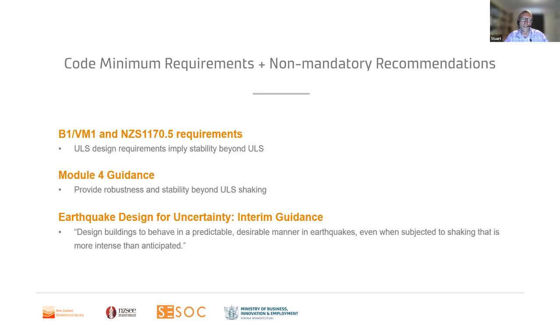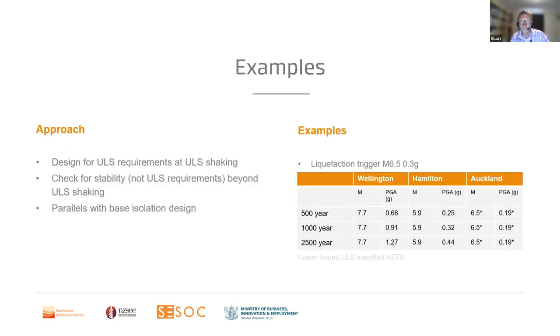And then as we go through the guidance documents, module 4, as well as this guidance which is about to be published, there's certainly strong recommendations of considering beyond ULS. So probably the answer is that yes, there is some general expectation under code minimum that there is going to be stability beyond ULS, but no specific requirements. But there is guidance there which is being developed.